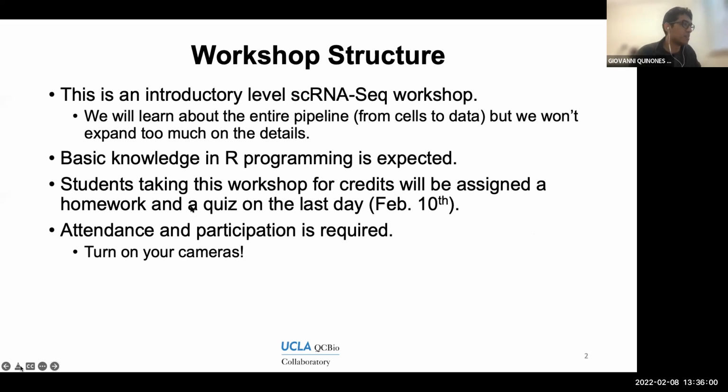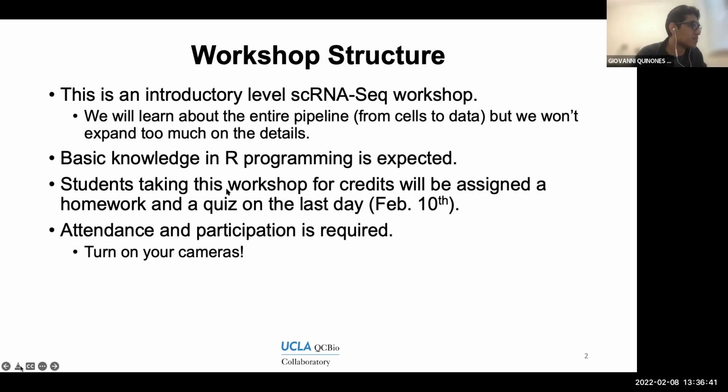One of the prerequisites for this workshop is the intro to R. Like I mentioned in my email, you are not going to be writing any line of code. The code is already written for you. You'll just have to run it on your own computer. So you don't really need any advanced knowledge in R, but it's still good that you understand the syntax and what the code is doing, just in order for these things to make sense to you.